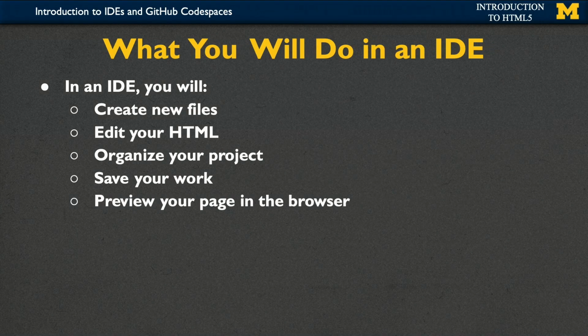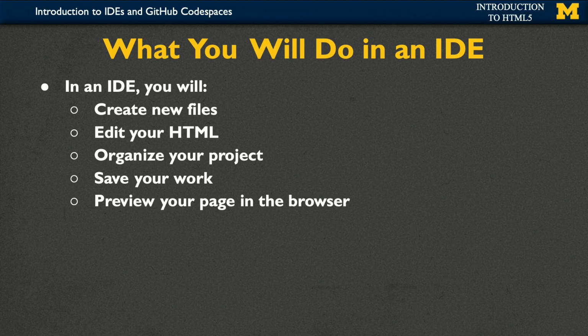Whether you're using VS Code, Codespaces, or even CodePen, you'll always follow a similar workflow. In any IDE, you'll first create your new file, like your index.html file. Second, you'll edit it, adding your headings, your paragraphs, and other tags. Third, hopefully actually from the beginning, you'll be able to organize your project, keeping all of your images or style sheets in the right places.